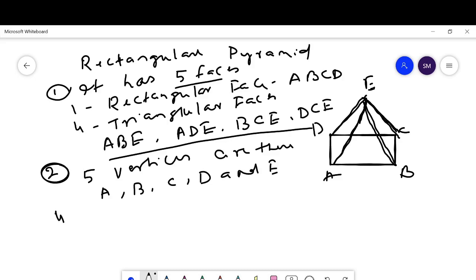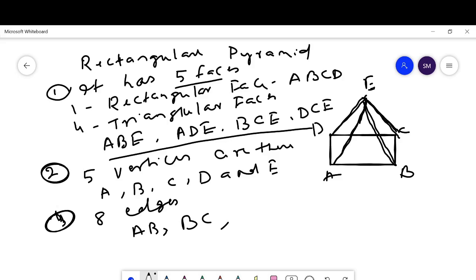And how many edges are there? There are 8 edges in this. I have already told you the same features apply to a square pyramid and a rectangular pyramid. Only the difference is the base is square in a square pyramid and a rectangle in a rectangular pyramid.